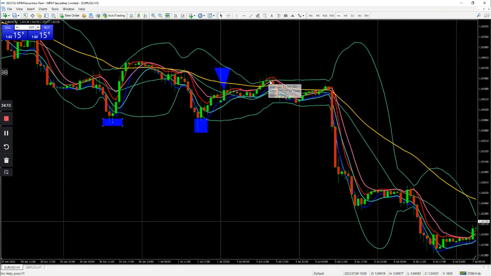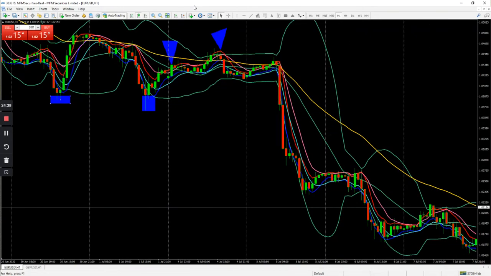It rejects the top BB. The BB is flat. The most important key is when the candlestick closes inside the BB and the BB is flat, and here comes Mr. Extreme. That is a sell position right away. Pin bar, reverse candle, retest candle.